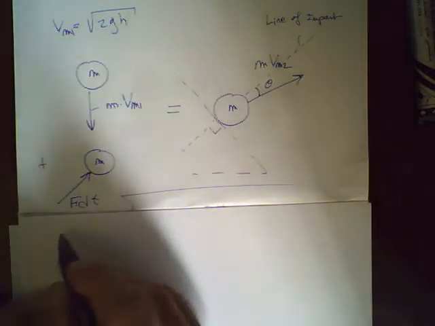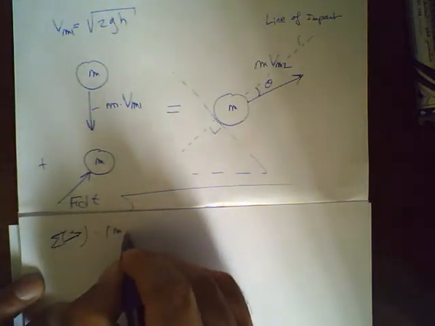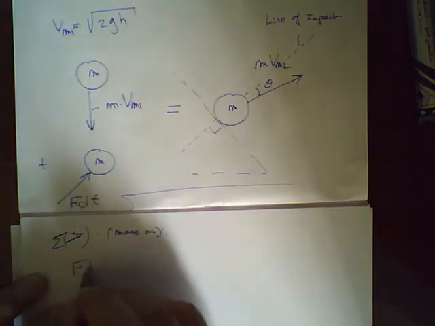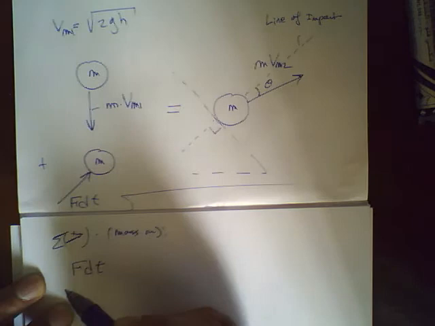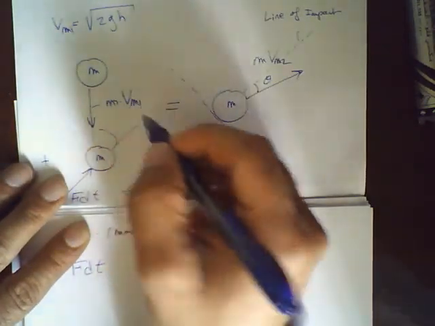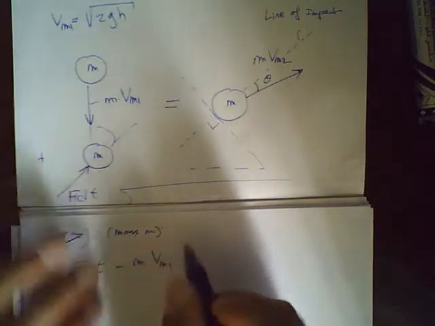You're going to sum the impulses in that direction on mass m. You are going to get f dt. What is this angle? For mv minus m vm1.